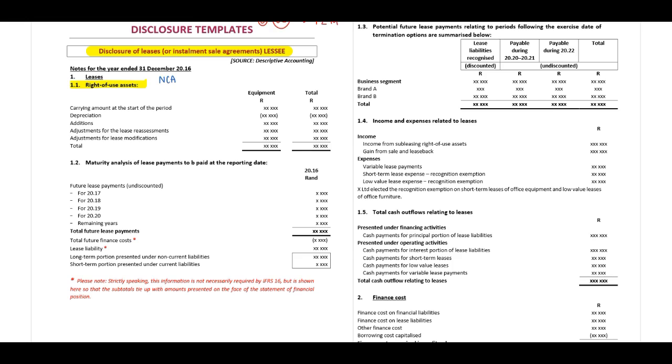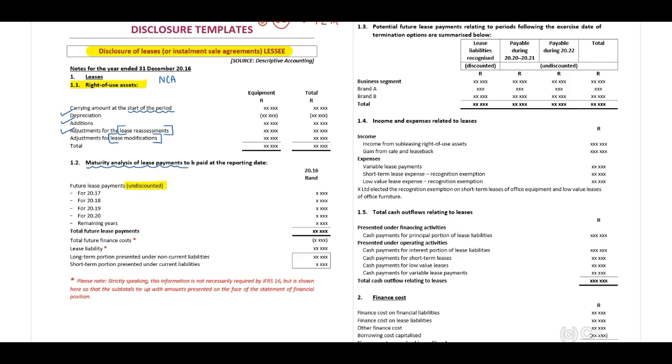You will have to include the carrying amount at the start of the period, the beginning of the year, any depreciation, additions, adjustments for the lease being reassessed or lease modifications, and a maturity analysis of lease payments to be paid at the reporting date. Future lease payments undiscounted, guys, important.